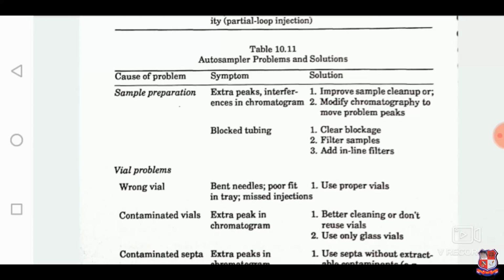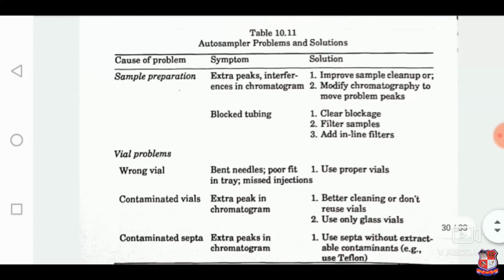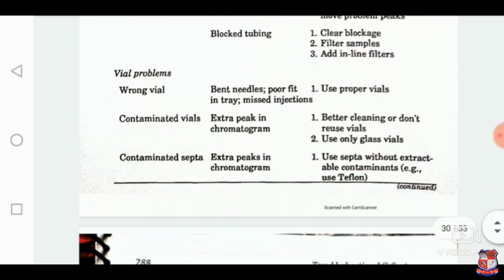These are the autosampler-related problems and solutions. Sample preparation may be the cause. The symptoms are extra peaks and interference in the chromatogram. What are the possible solutions? Improve sample cleanup or modify the chromatography to move problem peaks, clear blockage, filter the sample and add an inline filter. The inline filter is a solution for that.